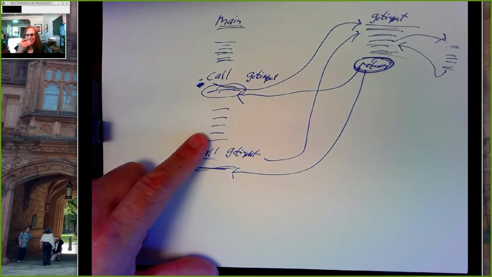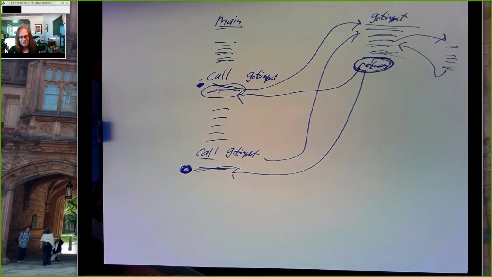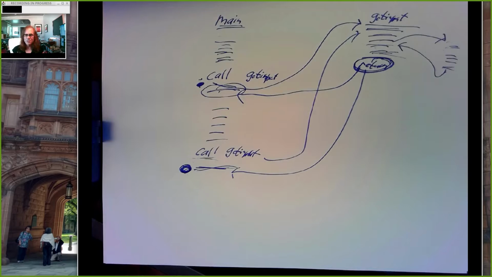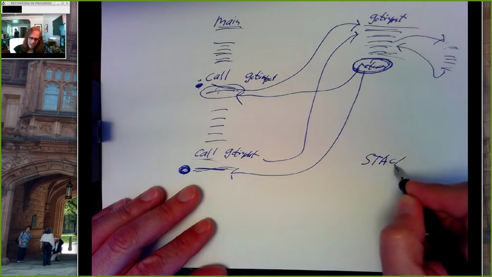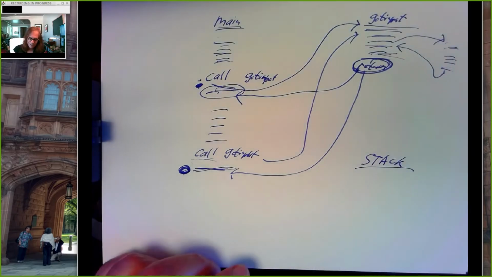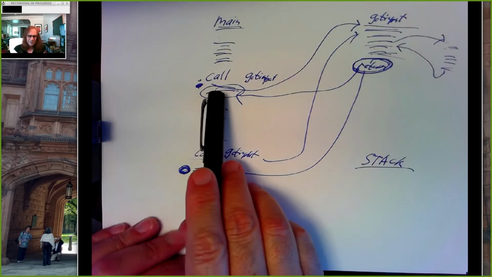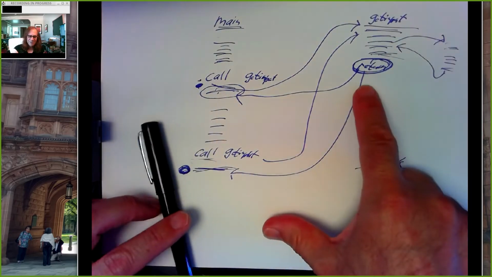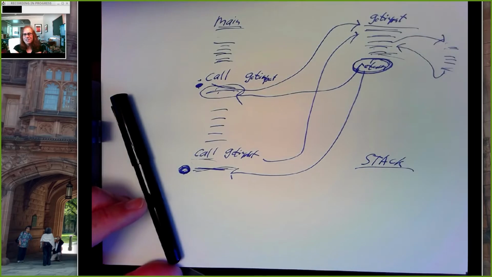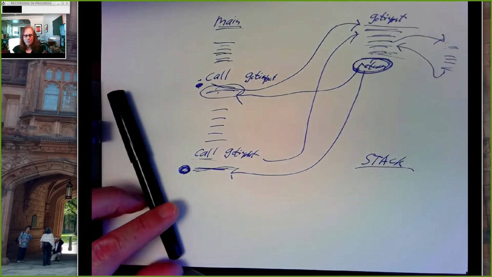So you need to keep a collection of addresses. Every time you make a call, you need to remember where that call was made from so that your next return will go back. And the way we do that is to use a stack. So each time you make a call, you take the return address, you push that onto the top of the stack, and then each time you say return, you take the address that's on the top of the stack, that's where you jump back to.